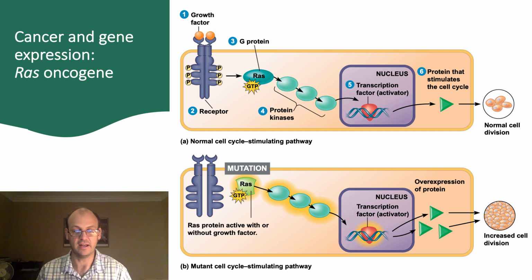Mutations in the RAS gene, however, enable the RAS protein to send the signal to the nucleus, even if there's no external signal received. That is, the RAS protein sends signals to the nucleus, and the nucleus generates a protein that causes the cell cycle to continue.